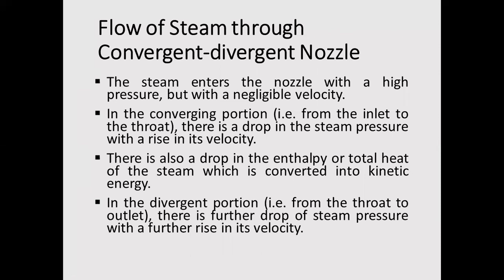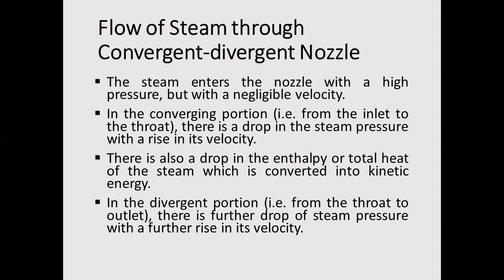So the next topic is flow of steam through convergent divergent nozzle. The steam enters the nozzle with high pressure and negligible velocity. In convergent portion, there is a drop of pressure with rise in velocity of steam.